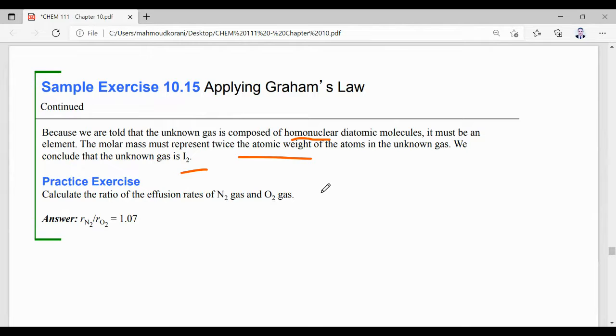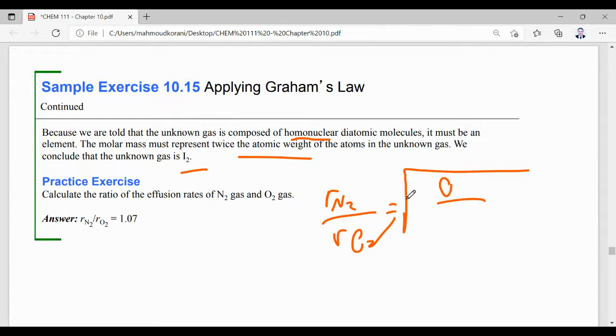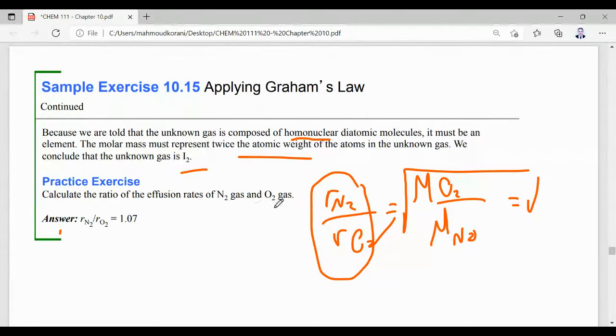This is an example where I'm asking you for the ratio directly. It's very simple. Rate of N2 divided by rate of O2 equals the square root of the molar mass of O2 divided by the molar mass of N2. Here I'm asking nitrogen to oxygen, so you should get the reciprocal of this equation.